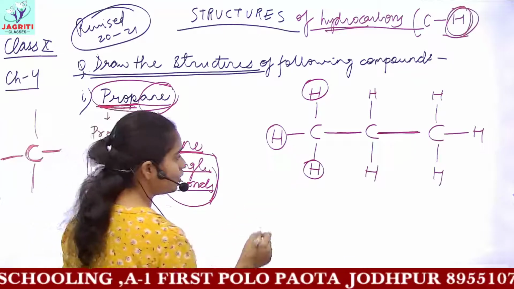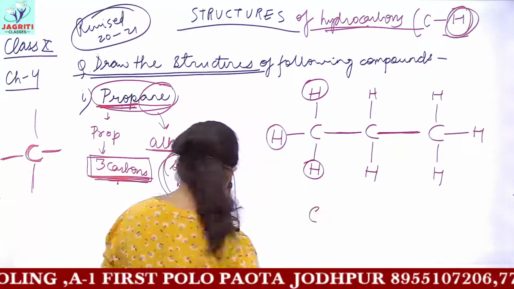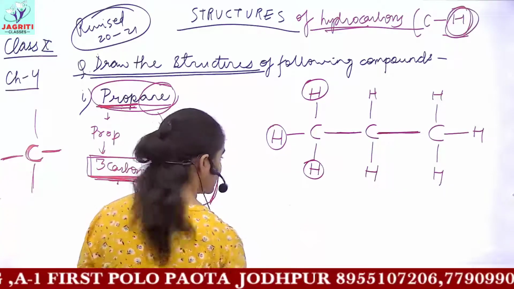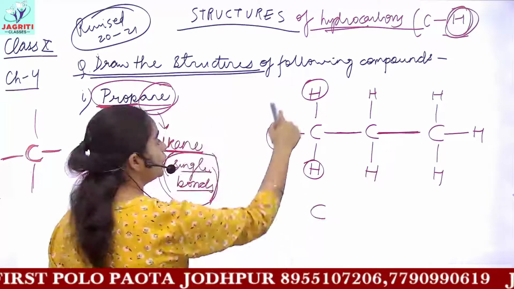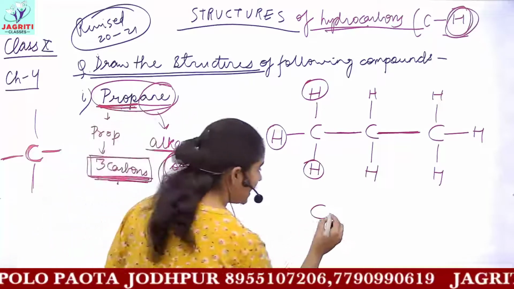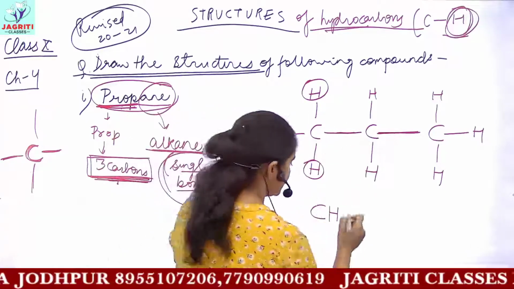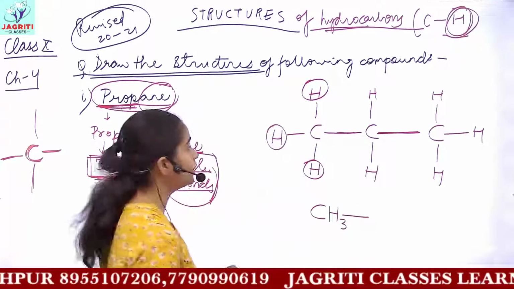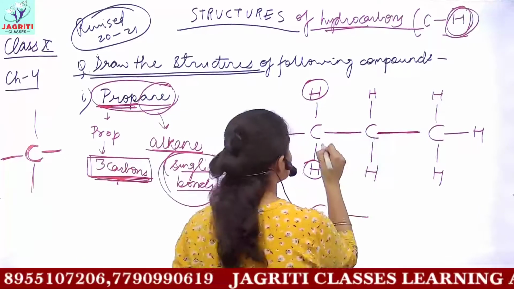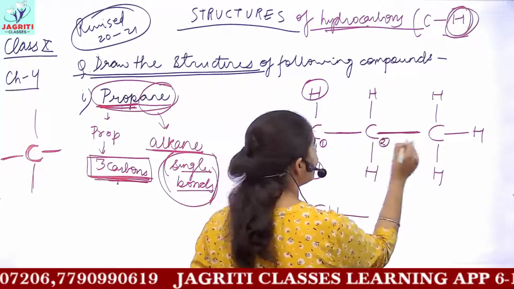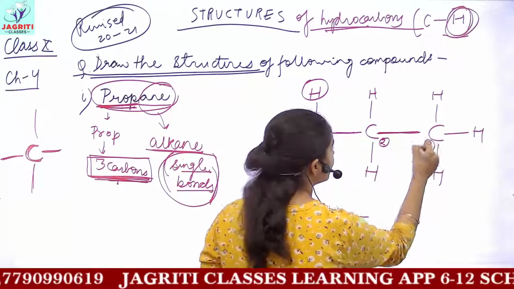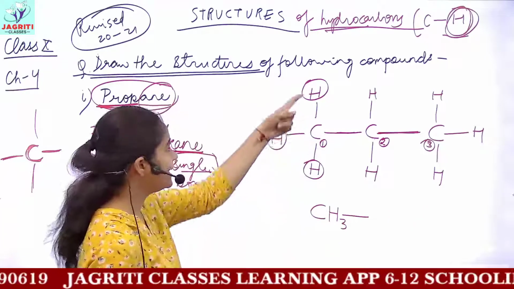This structure can also be written as the first carbon, which is bonded to 3 hydrogens. So I can write CH3. Then the chain comes, this bond comes. Then the next carbon. This is your first carbon, this is your second, and this is your third carbon. So the first carbon is CH3.